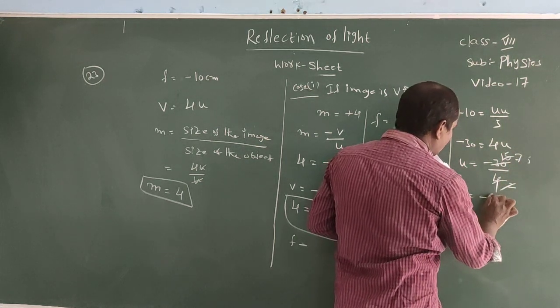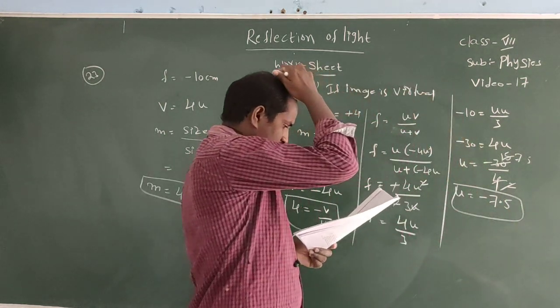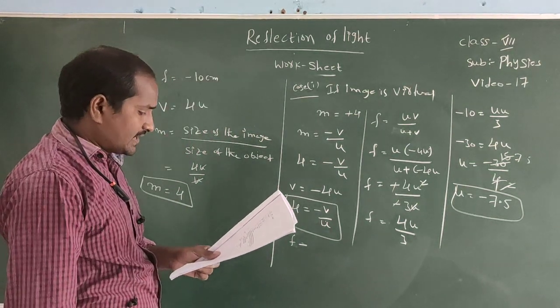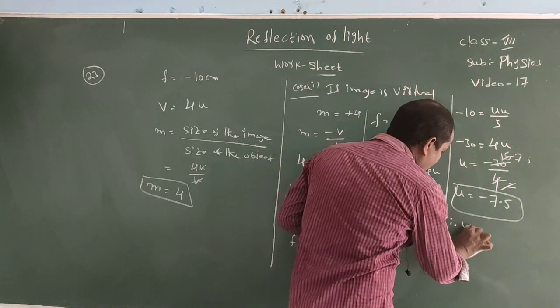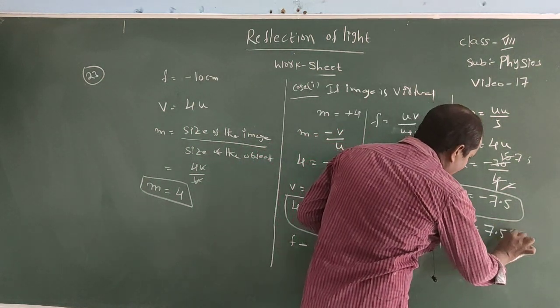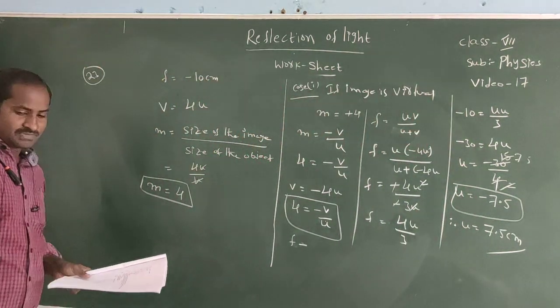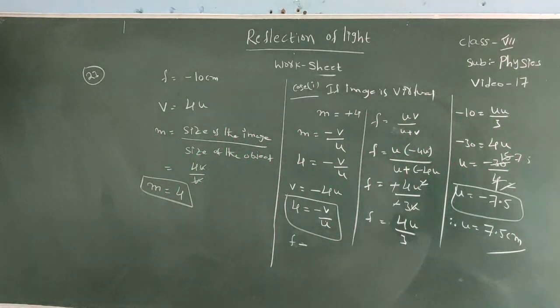So u equal to minus 7.5. It is a concave mirror. Therefore we can write u equal to 7.5 centimeter. If image is virtual, then u equal to 7.5.